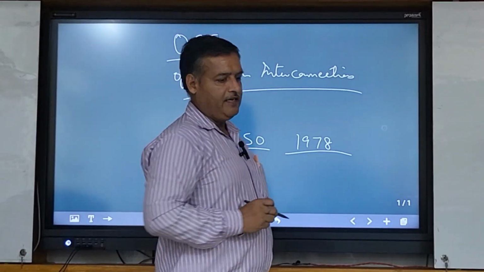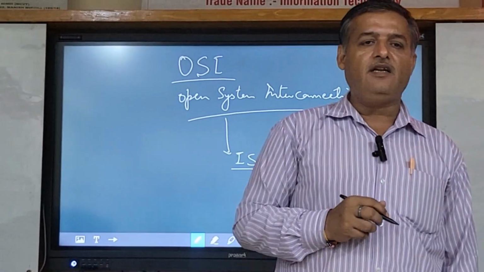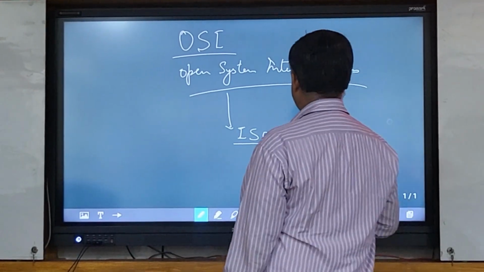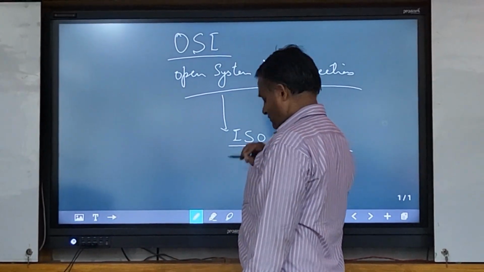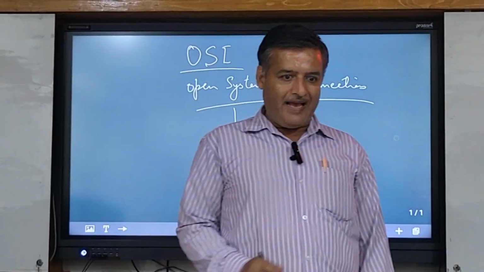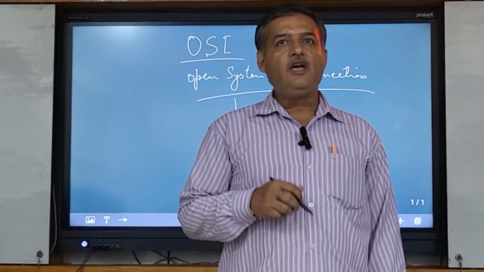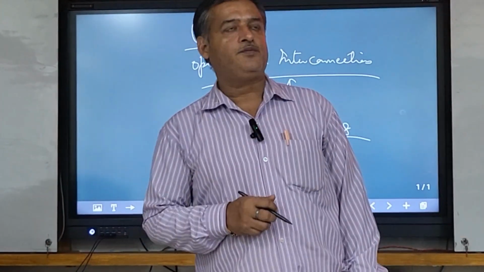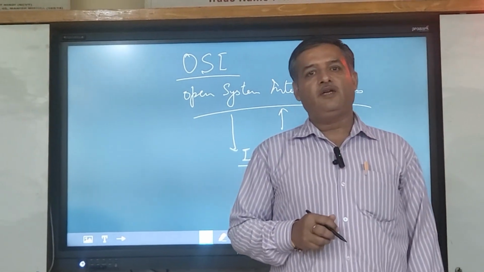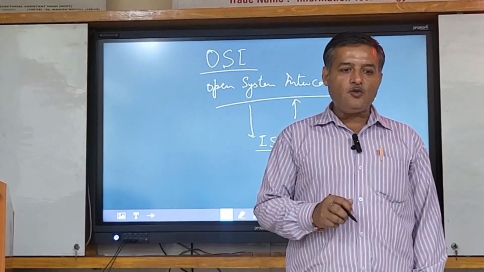Somewhere it is said to be 1976, but the more exact year in which this model was proposed is 1978. As I already told you, it is the backbone of computer networking. All the guidelines and rules prevailing in computer networking are laid down in the reference model.